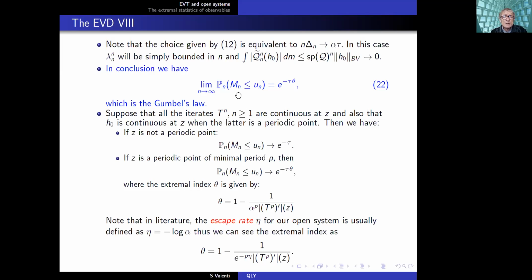First of all, let me tell you that this result is not a stationary result. Namely, usually extreme value theory is established when the underlying probability P makes the process, I mean the observable computed along the dynamics, stationary. If we have an invariant measure, for instance, this process, of course, is stationary in the probability sense, and extreme value theory can be applied even using not the spectral technique, but other standard techniques.